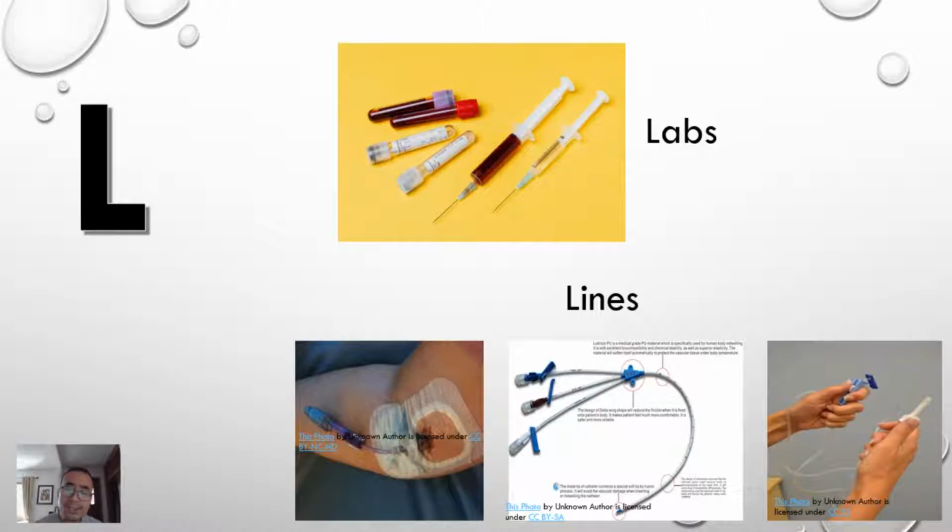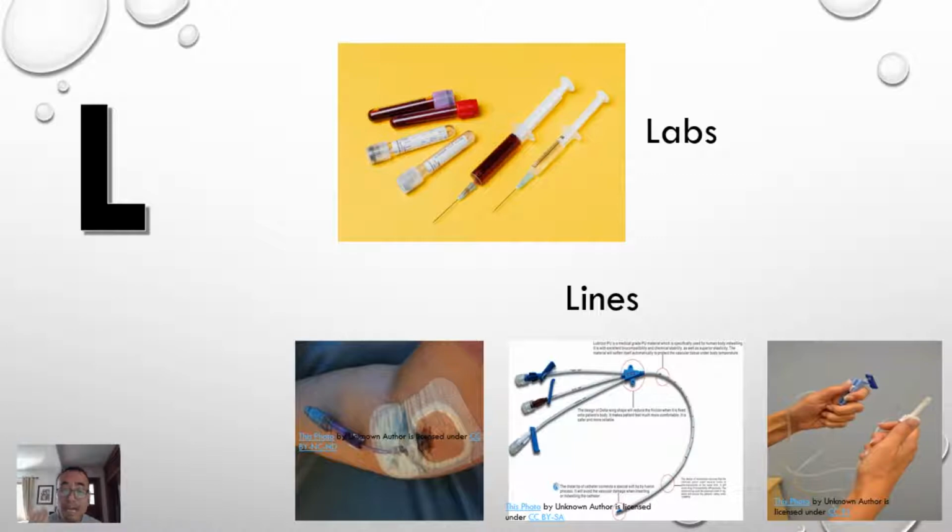Which brings us to the fact that we want to take out the central lines, if the patient doesn't need it, as soon as we're able to, because these big lines go into one of the big veins in the body. And as you can see, because it goes into the big highways in our circulatory system, if there is an infection, it's much more prone to actually cause sepsis.